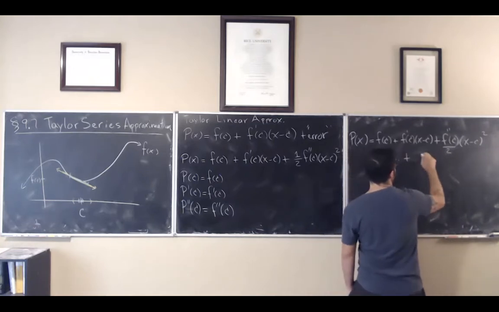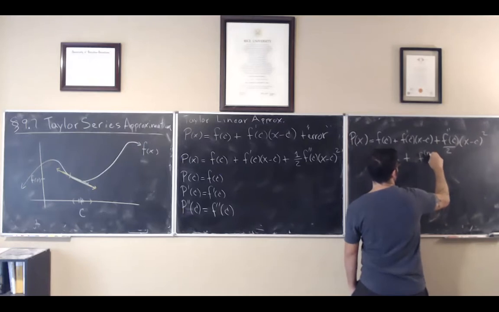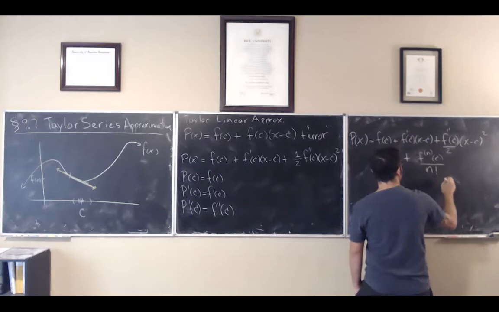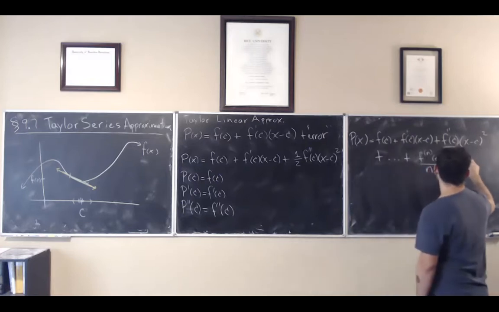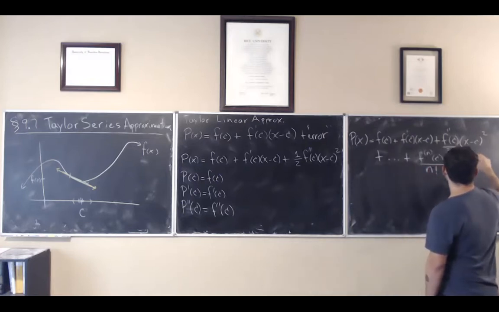So it's going to be f to the nth derivative at c divided by n factorial times x minus c to the power n.